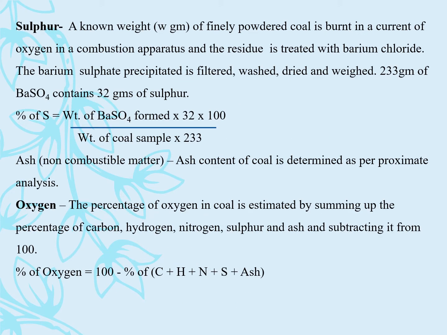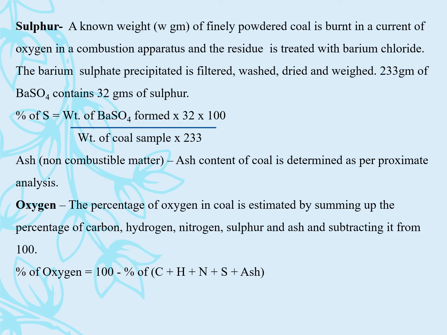Now how to calculate the percentage of sulfur? A known weight of the finely powdered coal is burnt in a current of oxygen in a combustion apparatus, and the residue is treated with barium chloride. Now, the barium sulfate precipitated is filtered, washed, dried, and weighed.